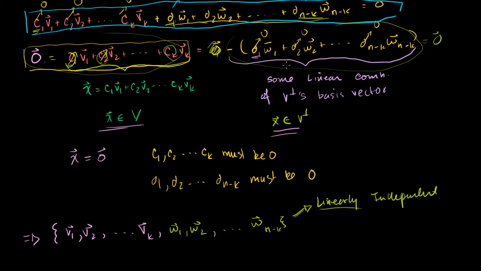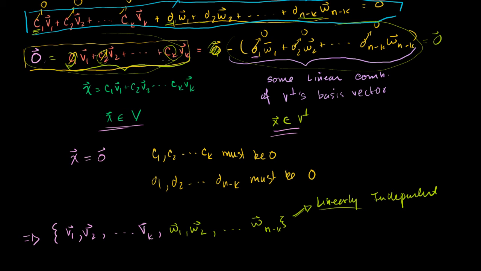I know I'm being a little bit repetitive, but I really want y'all to understand that this proof isn't some type of circular proof. We just wrote this equation. We wondered about what the solution set is to it. We rearranged it. We said, hey, both sides of this equation are members of both v and v perp. The only vector that's a member of both is the 0 vector. So both sides of the equation have to be equal to 0.